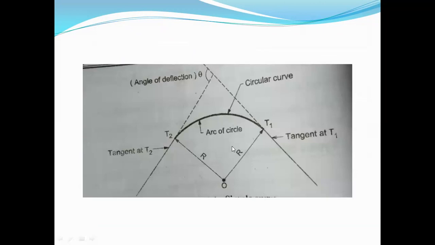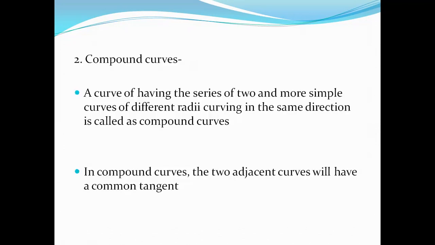See this diagram of a simple curve. In this, one single arc of a circle is formed by the curve, having the tangents T1 and T2. Then the second type of horizontal curve is the compound curve.